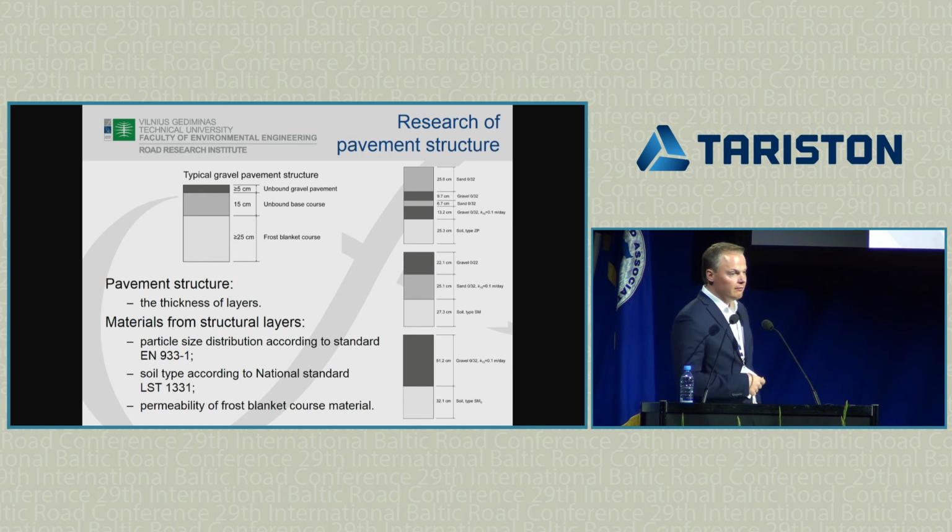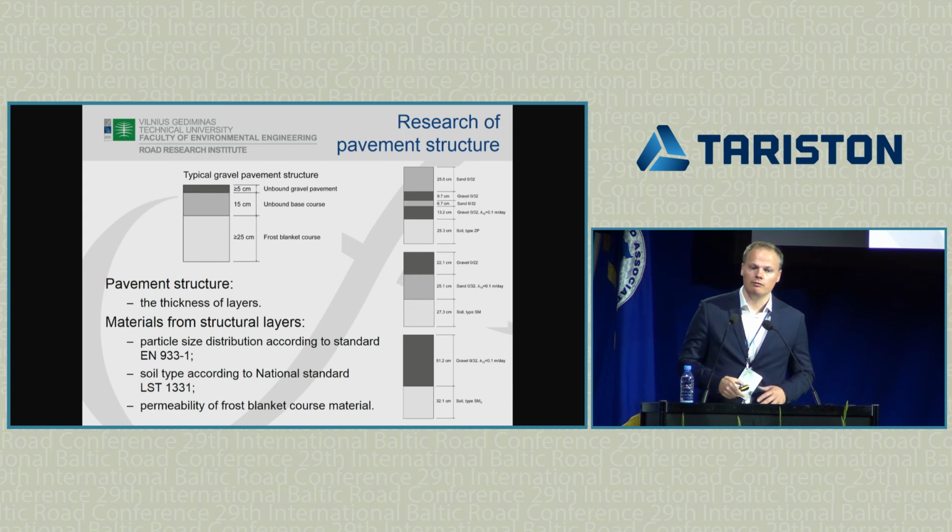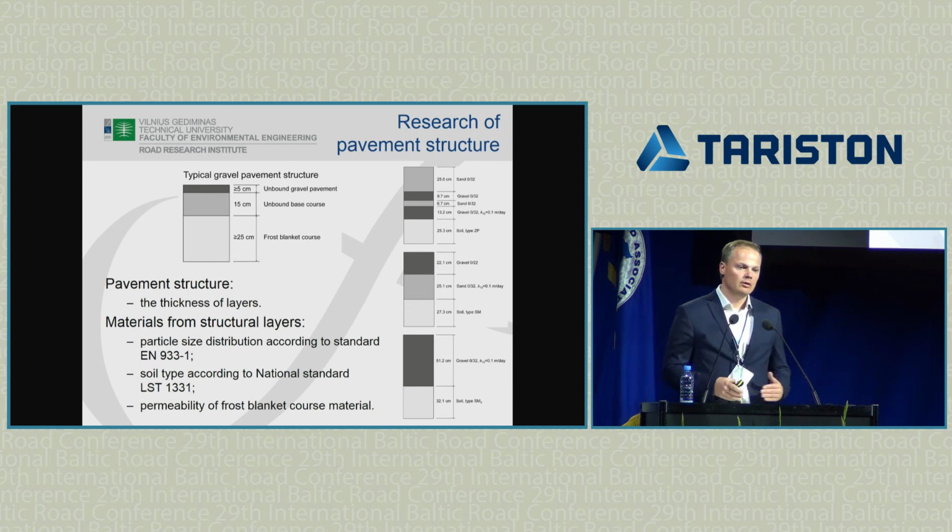Still, the gravel road pavement structure should comply with this regulation: a wearing layer of not less than 5 centimeters with special particle distribution and not less than 15% of fines, then 15 centimeters of unbound base layer and not less than 25 centimeters of sandy layer for frost resistance.